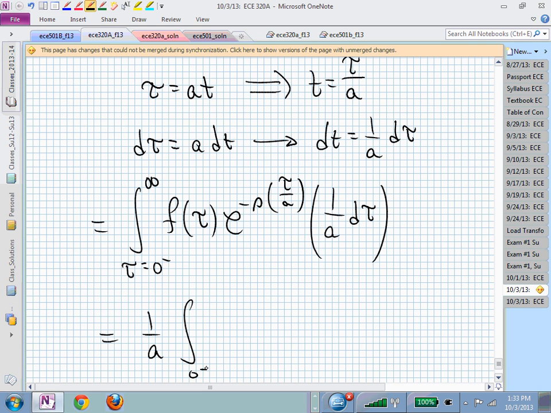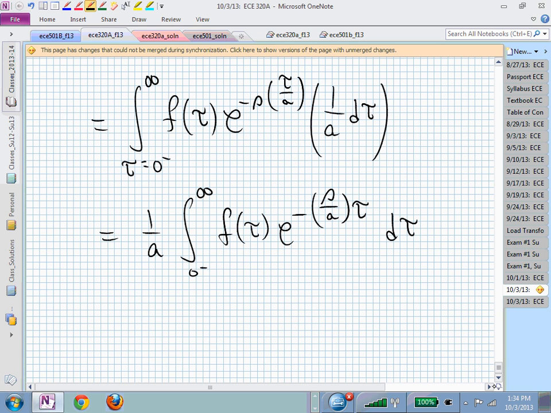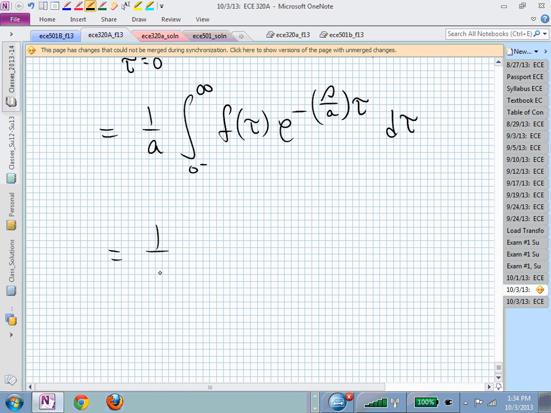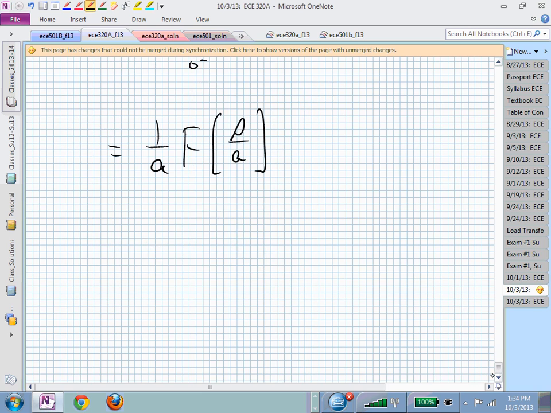We have this integral from 0 minus to infinity of f of tau e to the minus s over a tau d tau. And now this would look just like what we're used to seeing, scaled by 1 over a, if we simply replaced s everywhere with s over a. That's where that frequency scaling theorem comes from.